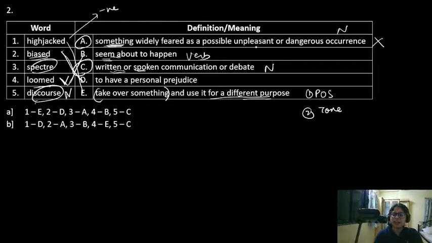Public, something widely feared as possible unpleasant, makes no sense. But public discourse, as in public written or spoken communication or debate. Public debate definitely makes sense, right? Public debate in the West is opposing whatever is happening in Russia. So discourse as a noun could definitely match C. And what's left, specter, that is A. Specter literally means a threat. So the answer for this is clearly option A.